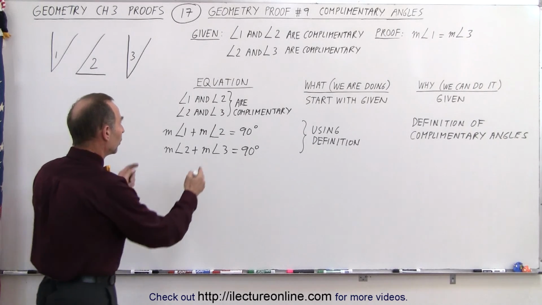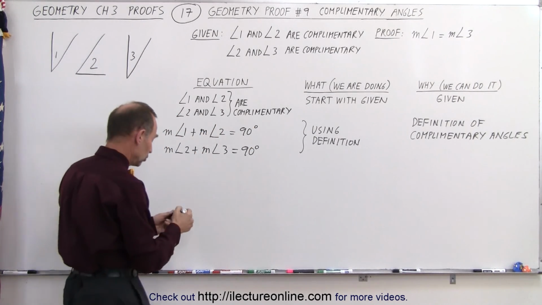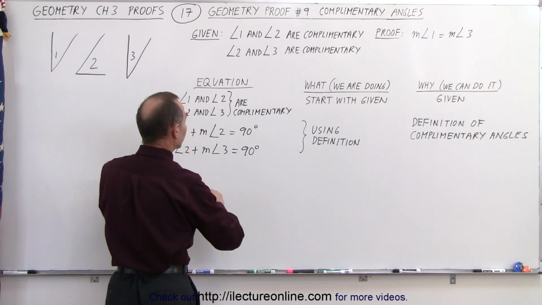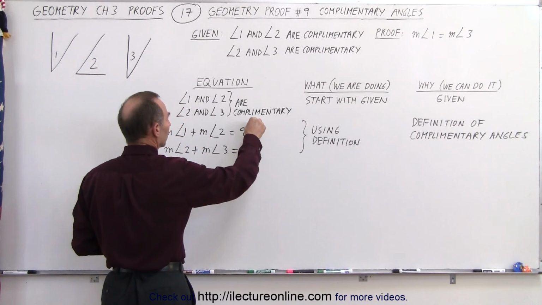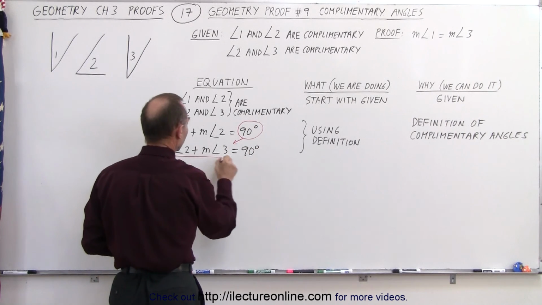And so since both of these sums are equal to 90 degrees, we can make a substitution. We can substitute in the first equation the 90 degrees with what 90 degrees is equal to based upon the second equation.